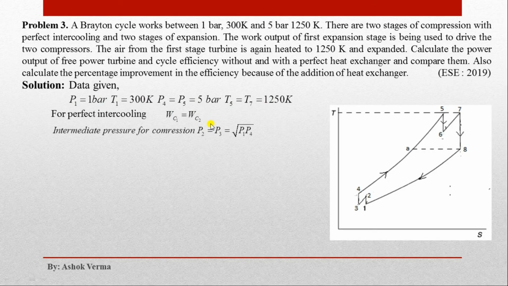If you calculate the intermediate pressure for the compression, then P2 equal to P3 equal to the square root of P1 into P4, which will be equal to the square root of 5 bar. This intermediate pressure will be the square root of 5.